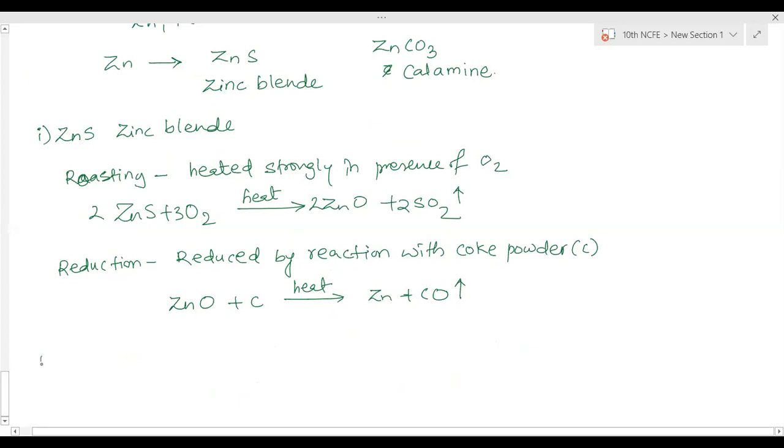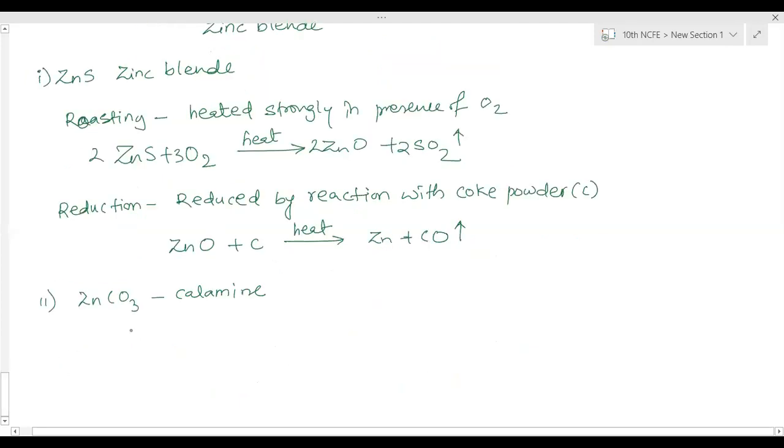The same thing for calamine, zinc carbonate. Now this is a carbonate ore. So what should be done? Calcination is done. That means heating strongly in absence of oxygen. It doesn't need oxygen.